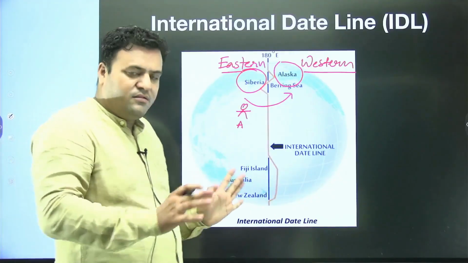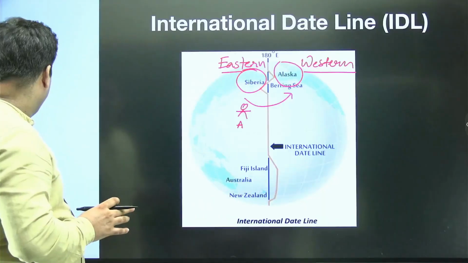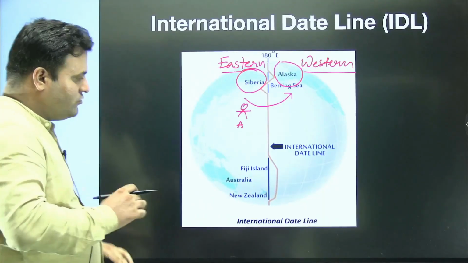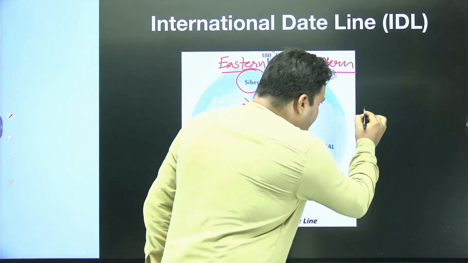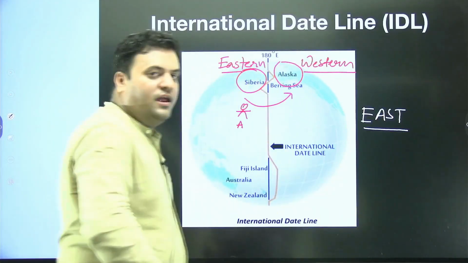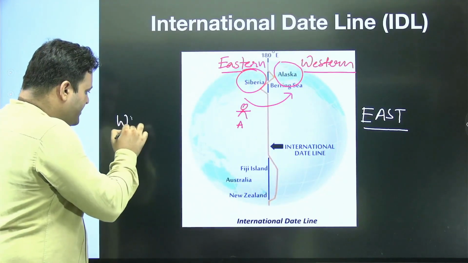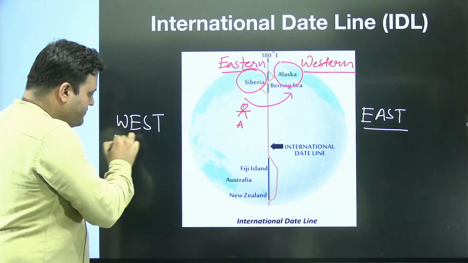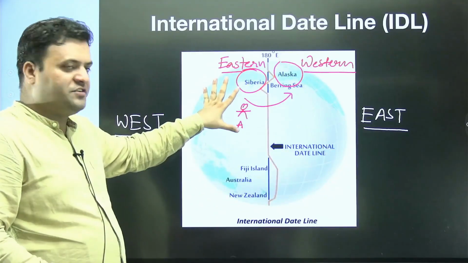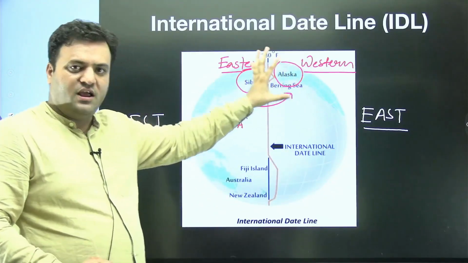Here I would like to make one more reference in terms of directions. Here we are taking a universal east direction, and here we are taking a reference of universal west direction. So this is the direction, and these are the hemispheres, Eastern Hemisphere and Western Hemisphere. I hope you remember.